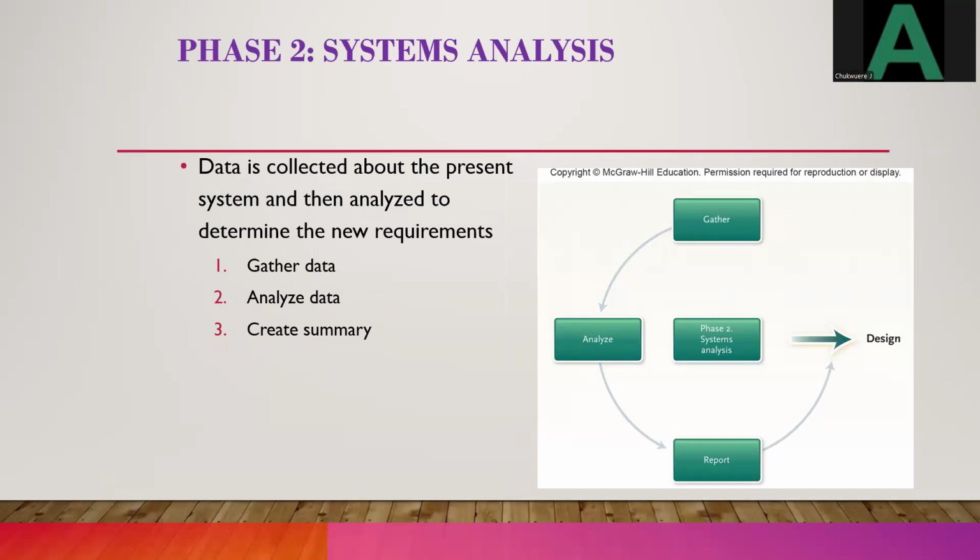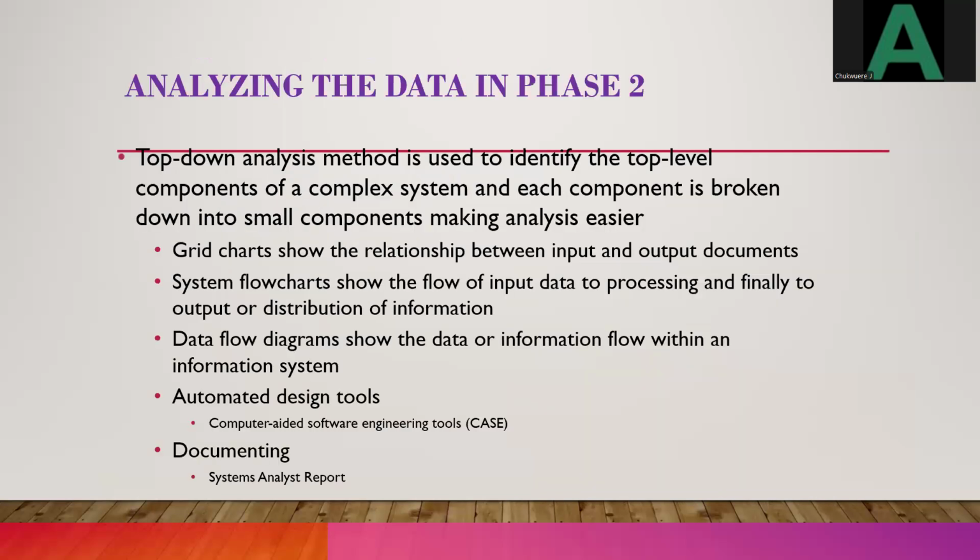Then the second phase, the system analysis, collects data about the present system and analyzes it to determine the new requirements. You have done the preliminary investigation. What do you do? You analyze it. You gather data, analyze the data, and create a summary of the entire process of whatever you have found in your data.